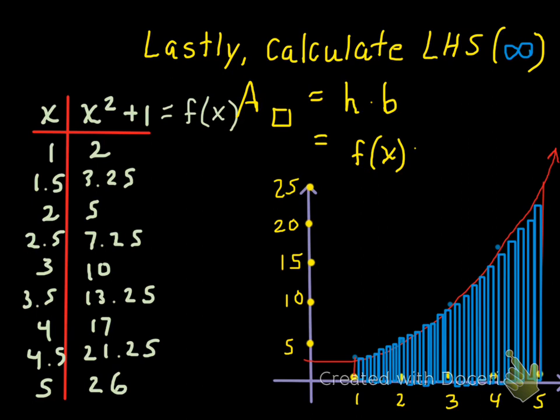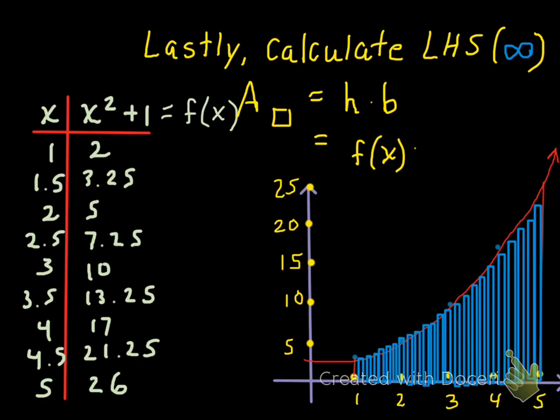How about the base? The base of each of these rectangles. Well, what is the length of the base of each rectangle if I have an infinite number of rectangles within that region? It's not 0. That width might be approaching 0. It is infinitesimally small, but not 0.